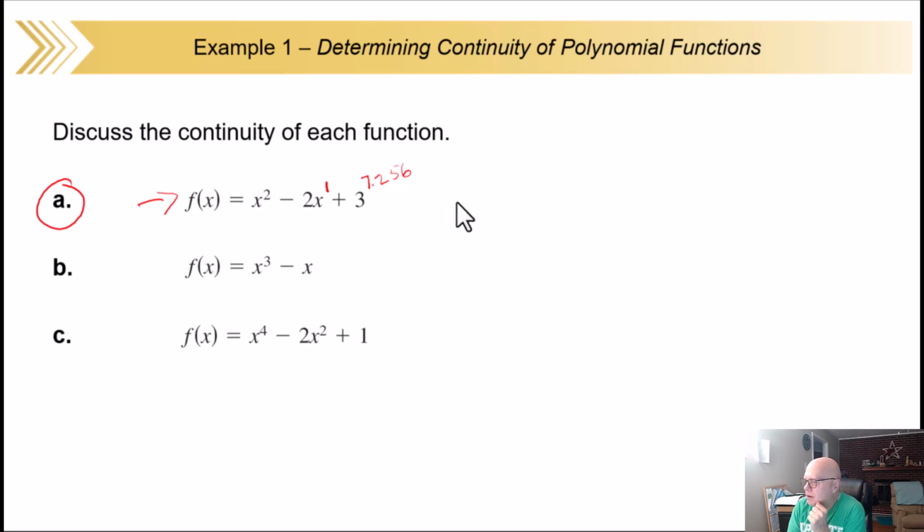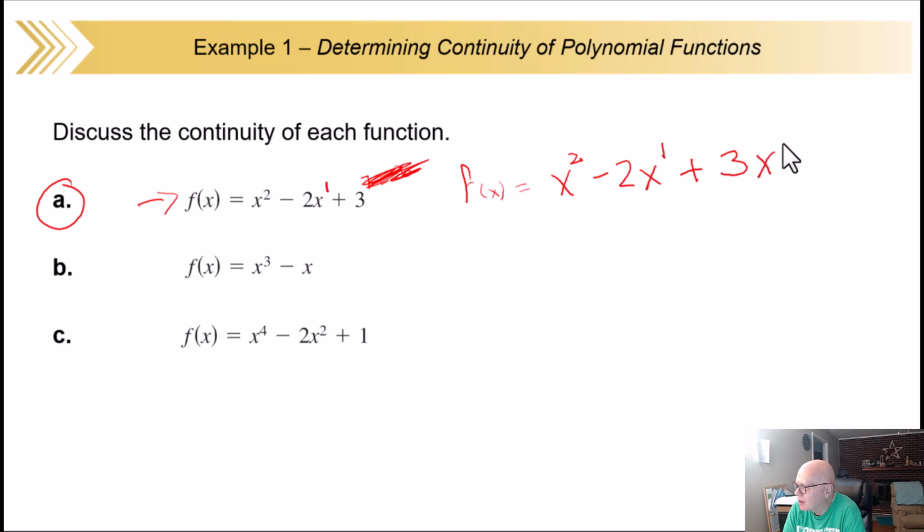In fact, some of you might want to tune this out, but this last part where we had the 3, another way of writing this f of x, by the way, is x squared, there's a 2, positive integer, minus 2x, a positive 1, and actually, we can write this one, if we're really particular, as 3 times x to the 0.